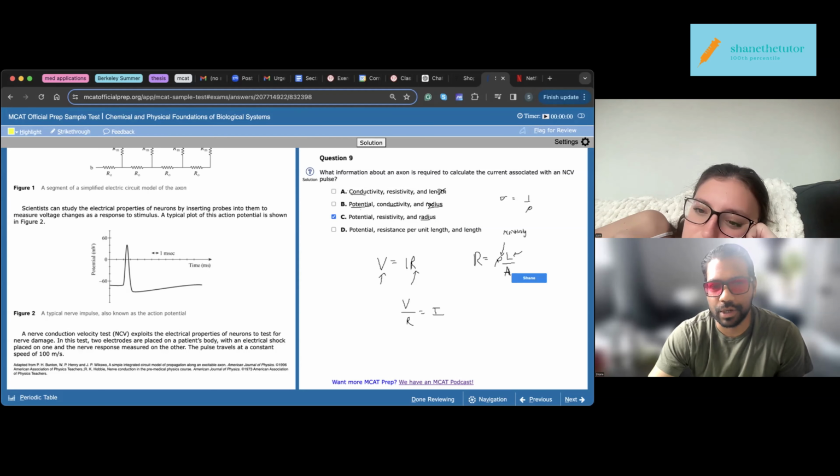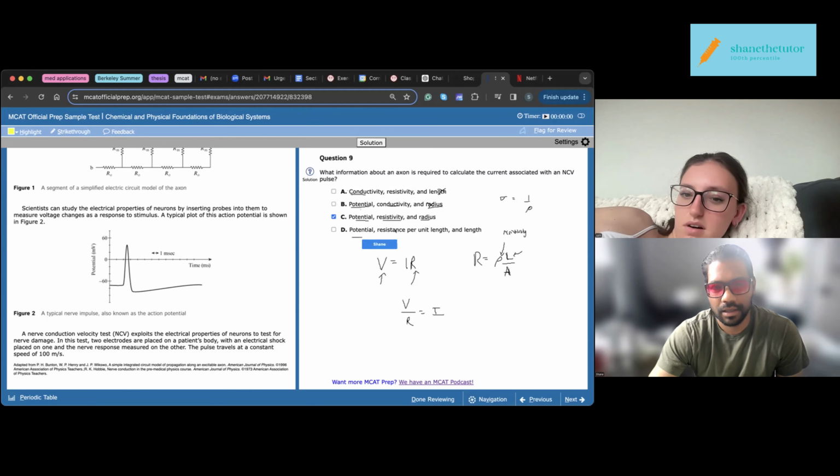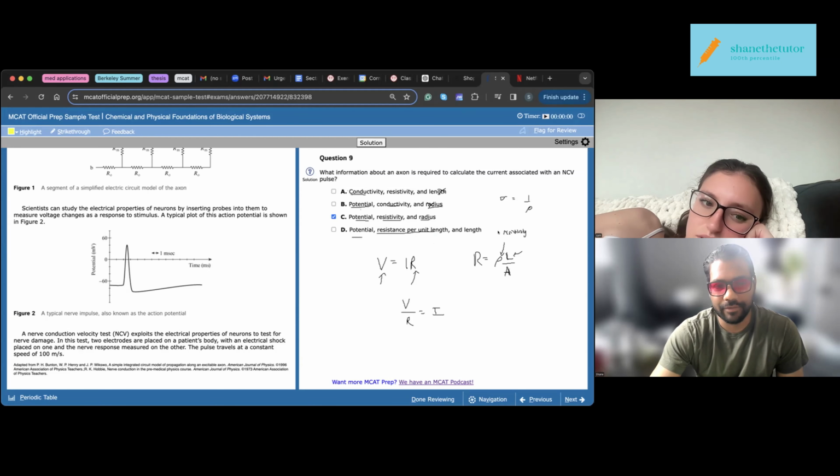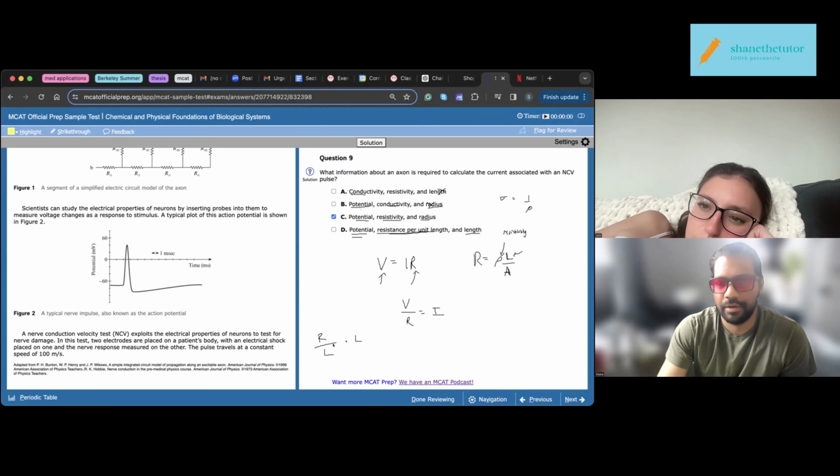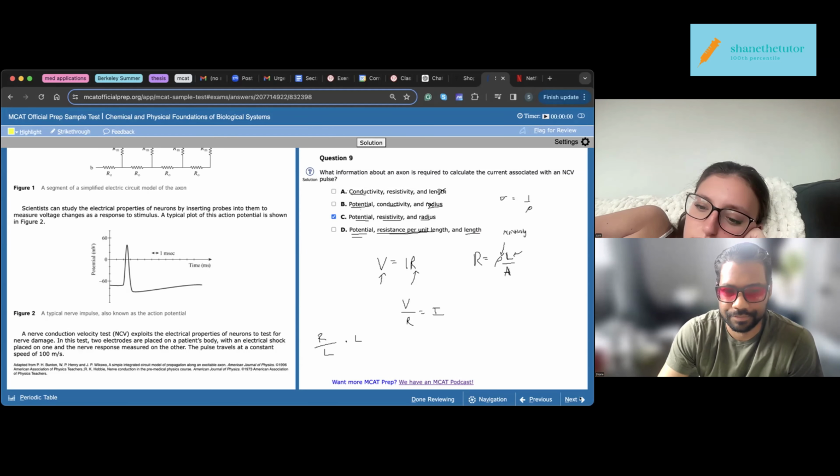But they're giving us voltage, resistivity, and radius, which means we can find the area, but we don't have L. Okay, so this one we have voltage, R, and that's all we need. So length is unnecessary. We have voltage, then resistance per length, and then they give us length. You cross out these values and then you just get resistance. There you go. I understand.